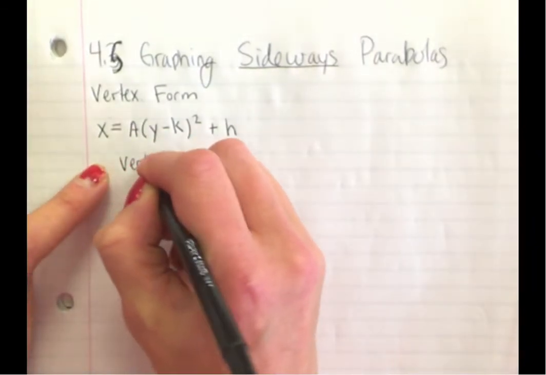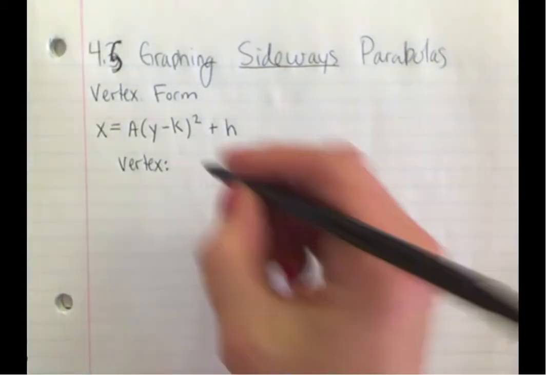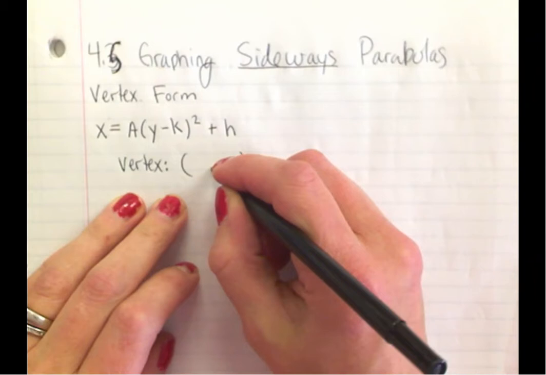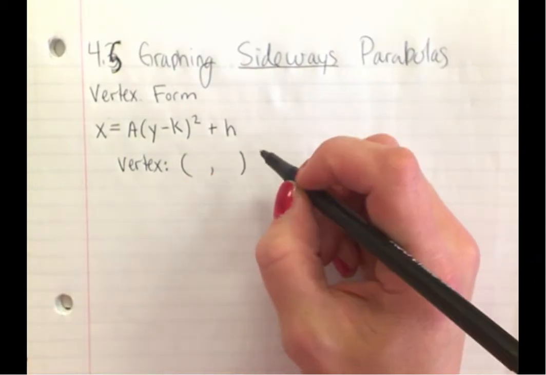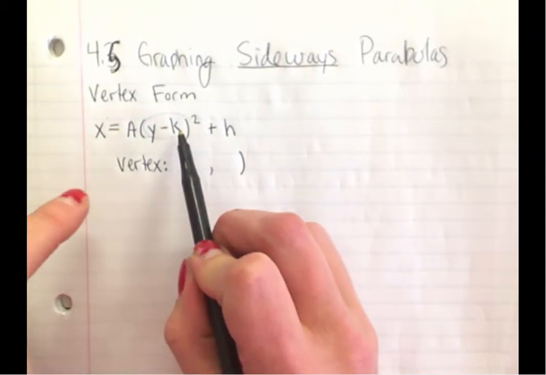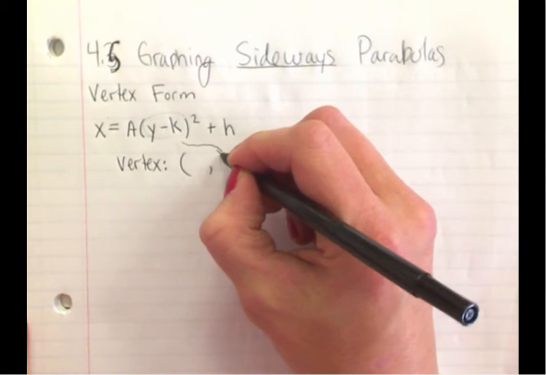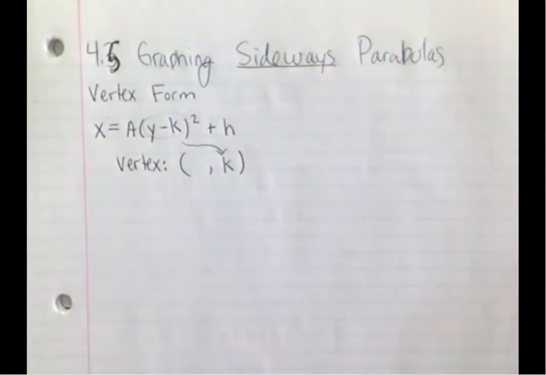Vertex. We need to write down our characteristics so that we know where to find them. Very slowly. Do you see the parentheses? K is next to Y. Please put the K in the Y spot. It's the Y coordinate.